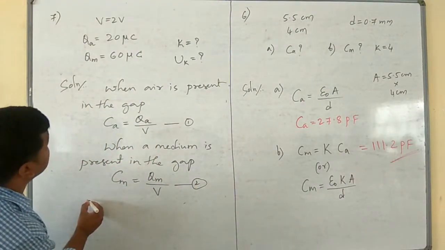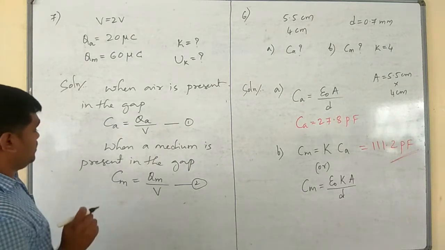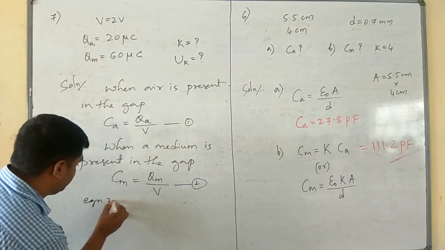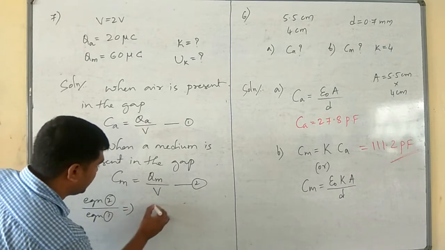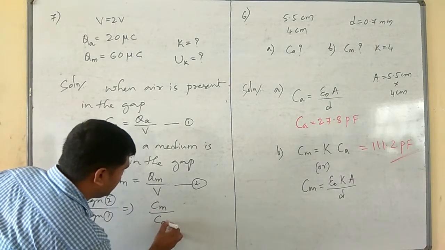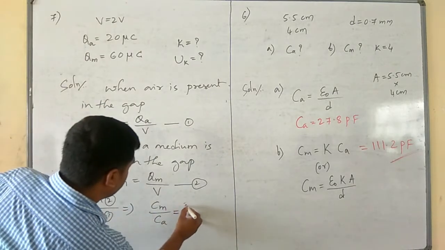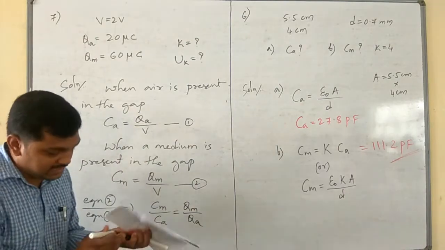If you take equation 2 divided by equation 1, what do you get? Cm by Ca is equal to Qm divided by Qa. Correct?